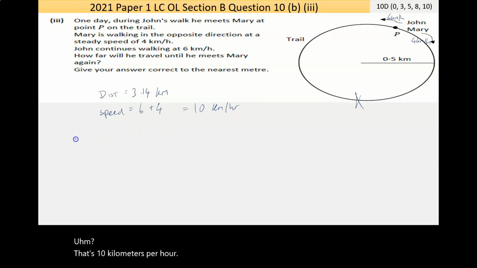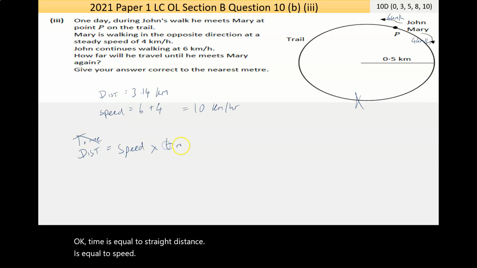Now, distance is equal to speed by time. We know that the distance is 3.14. The speed is 10. I'm just going to say time is t.